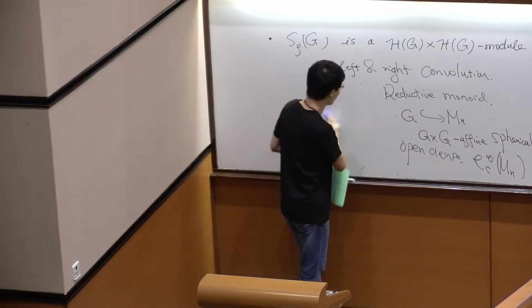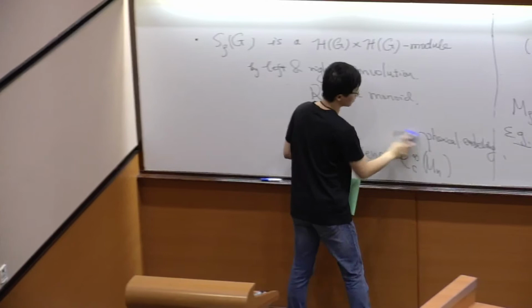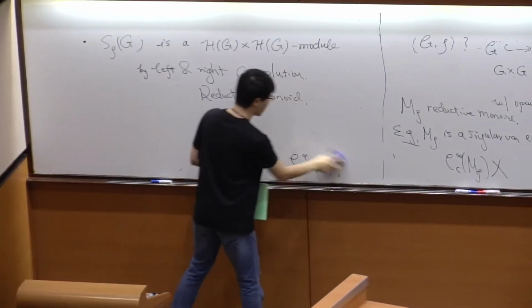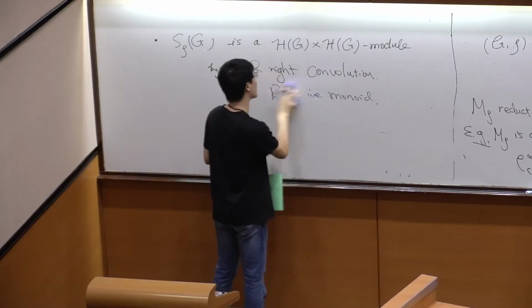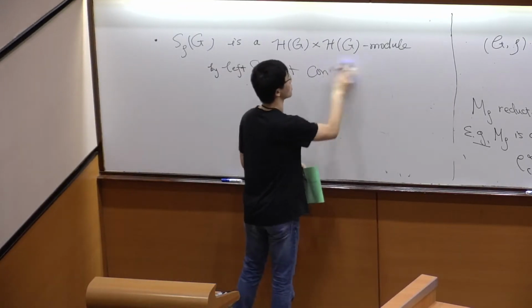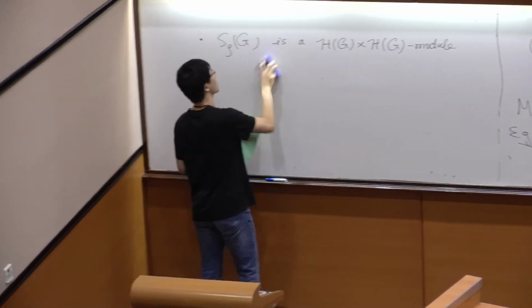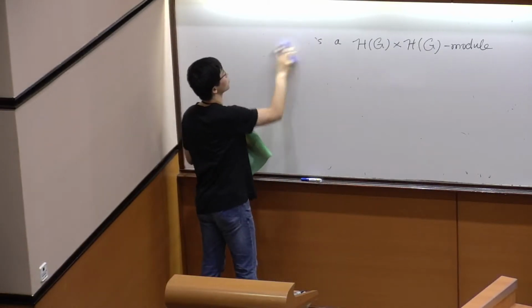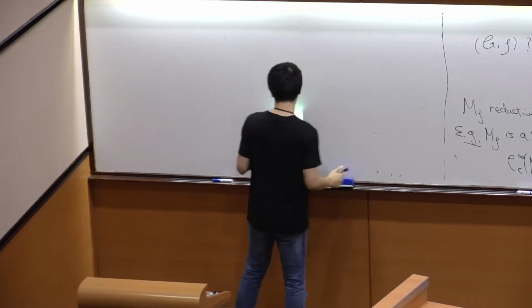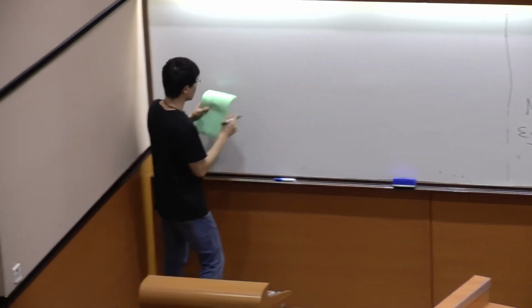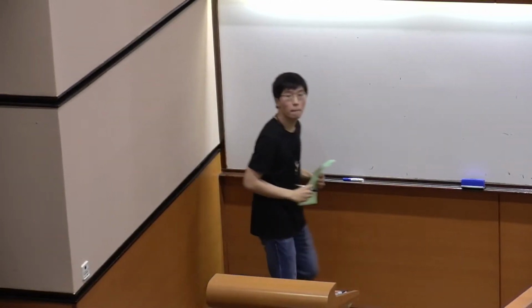Then let me briefly mention some work of Zhilin Luo and Yiannis Sakellaridis. They really relate the Schwartz space, I mean some elements in the Schwartz space, with the geometry of the reductive monoid. So, any questions?